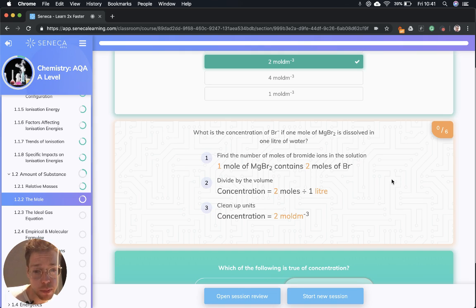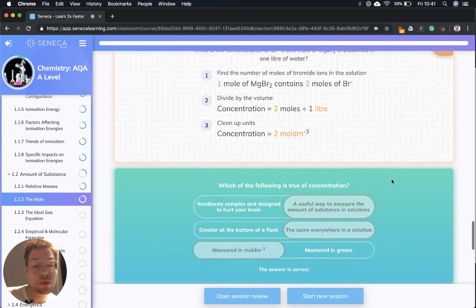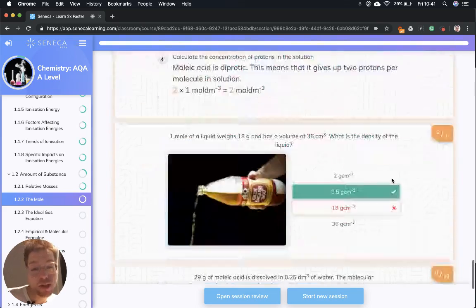Now, looking at that formula and looking at stoichiometry, that's just a posh way of saying ratios. We can see that MgBr2 has 2 bromine atoms, so 1 mole of MgBr2 contains 2 moles of Br-. So we have 2 moles, and that concentration again, we have 1 liter of water, so 2 moles divided by 1 liter, 2 moles dm to the minus 3.